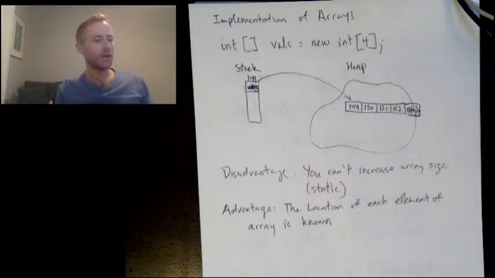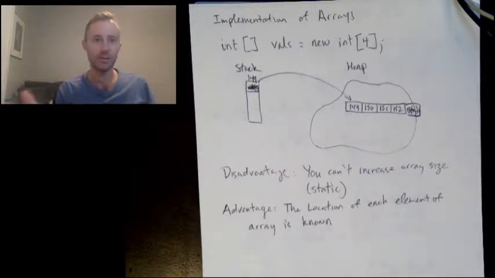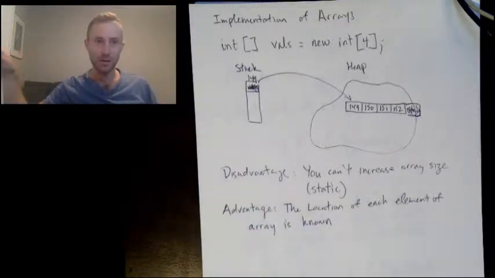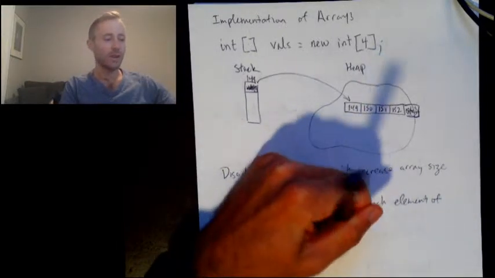Okay? So that means that it takes the same amount of time to access every element of the array. If it takes the same amount of time to access every part of the array, we call that random access.